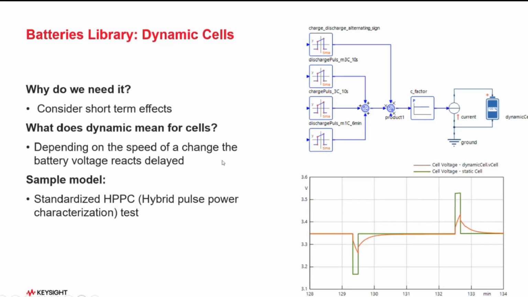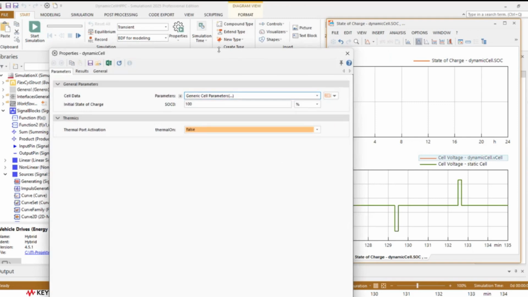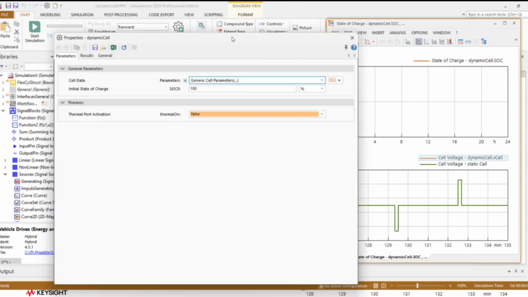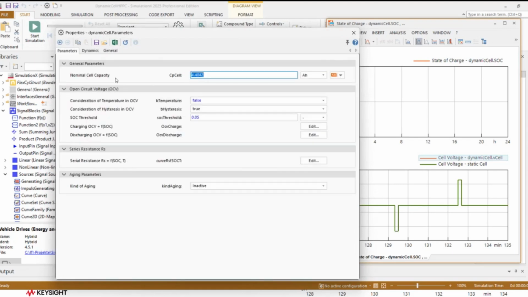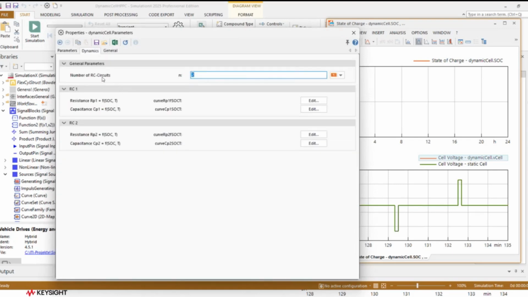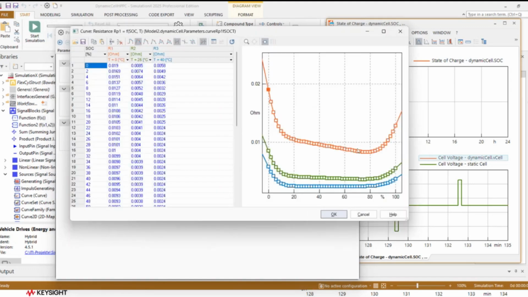I open the parameter dialog of our cell model, and the dynamics is implemented by additional RC circuits. We can have up to 4 of these additional circuits, and the resistance and the additional capacitance are defined by lookup tables for different temperatures.